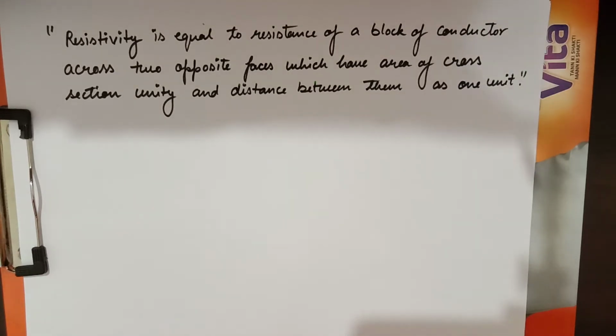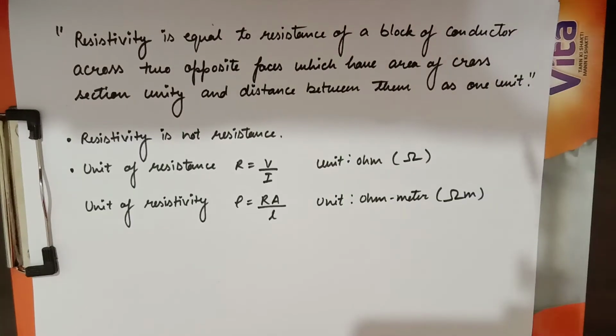So the specific resistance, or resistivity, is defined when the length and area of cross section of the conductor is 1. Resistivity and resistance are two different things.